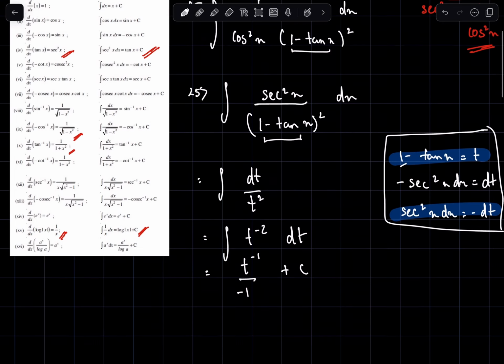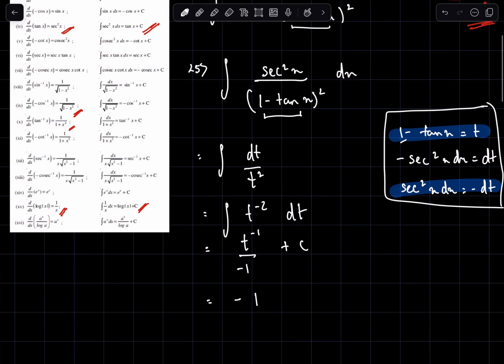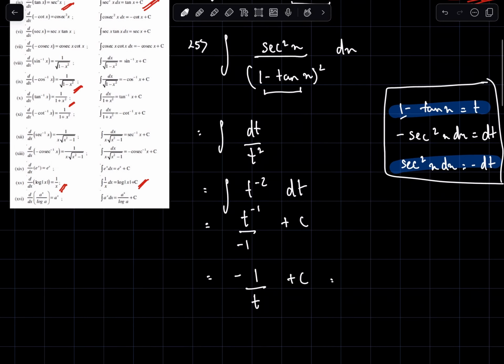So now t to the power minus 1 goes down, and the minus 1 comes up, giving negative 1 over t plus c. Now substitute your t, which gives minus 1 over 1 minus tan x plus c. I hope this is correct. So this is the 25th question.